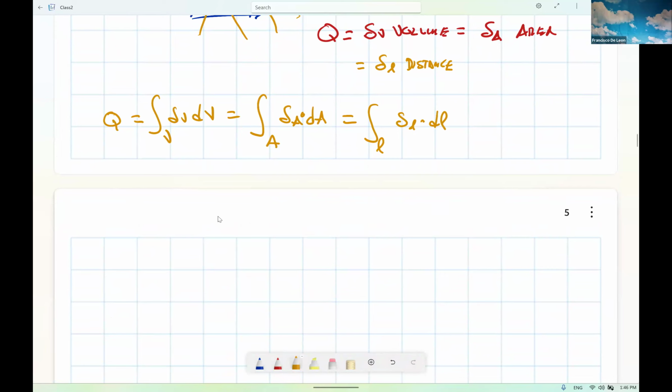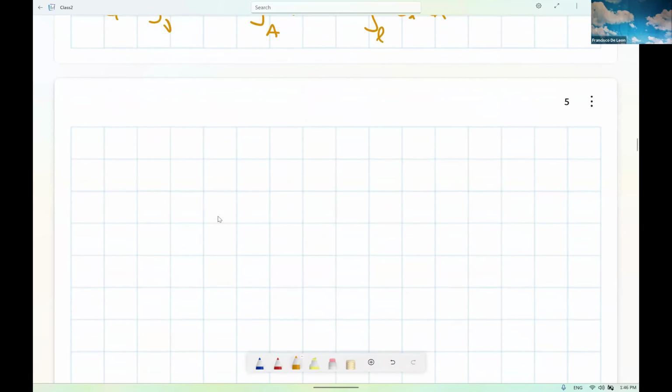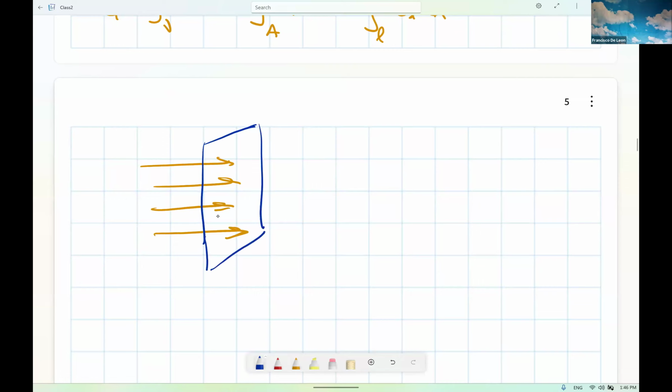For example, say that you want to see what is the quantity of a flux. You have a flux that is going like that, right? Produced who knows how. So if you want to compute the quantity, you will come here with a surface that is perpendicular to that, because you don't want to do integration, right? You're going to put a rectangular surface. You're not going to put the surface like that, right?